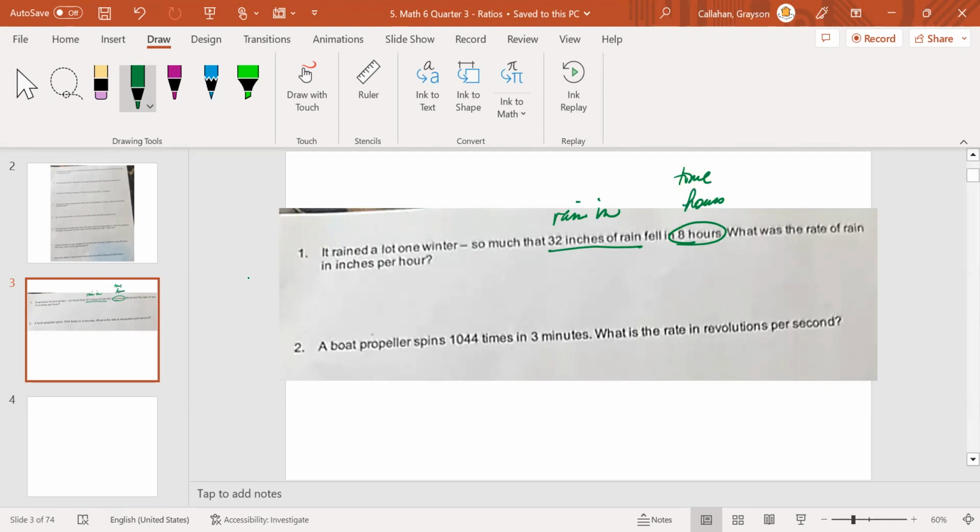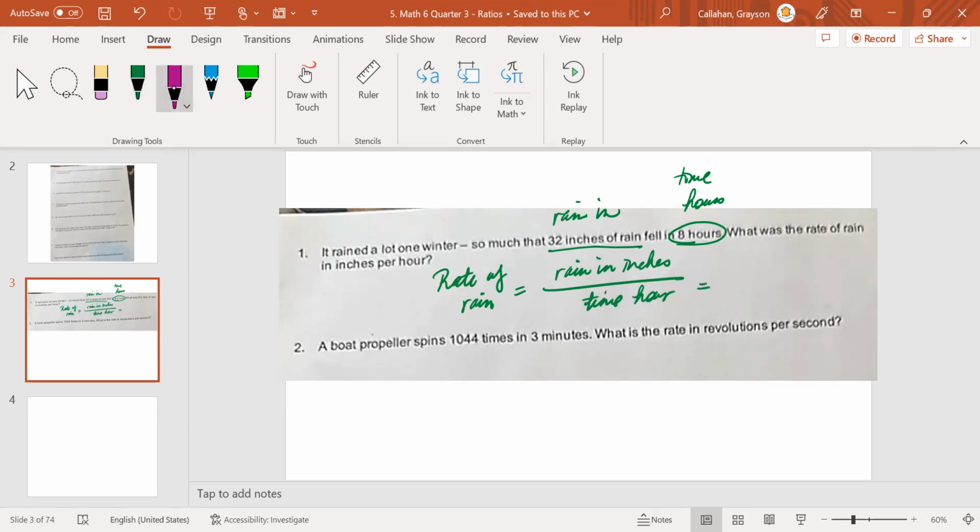What was the rate of rain in inches per hour? Well, what you do is you put rate of rain is going to be the rain in inches divided by time in hours. That's the rate, okay?